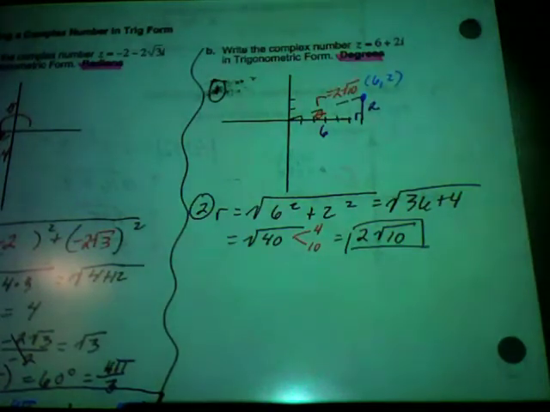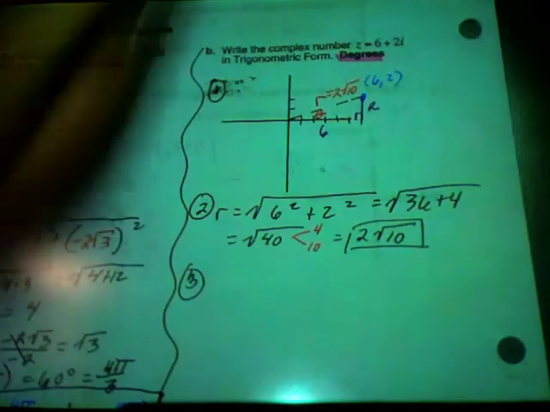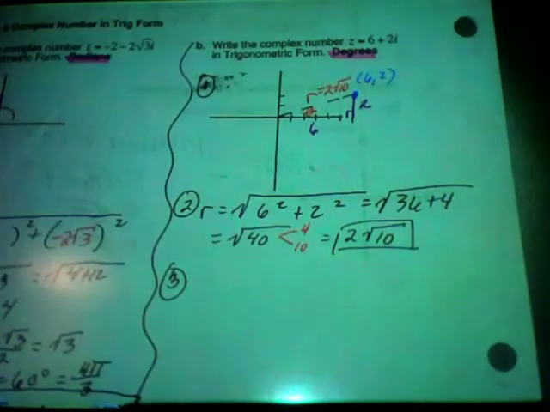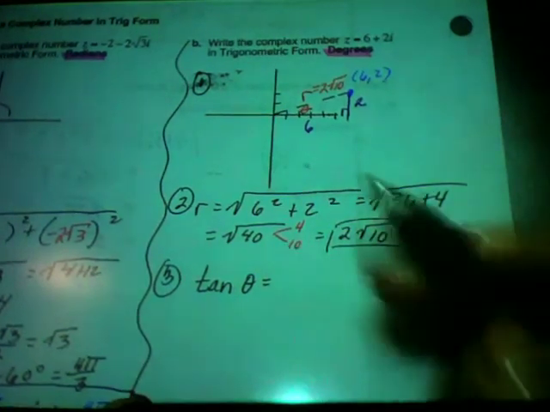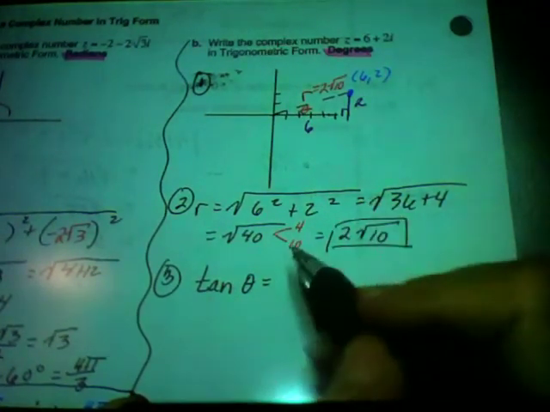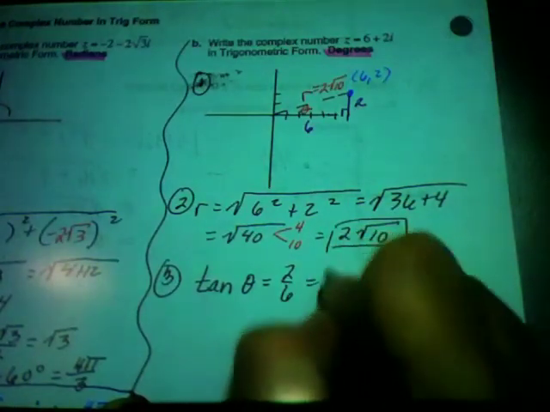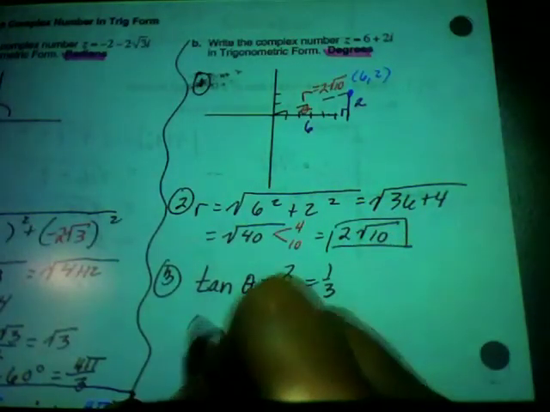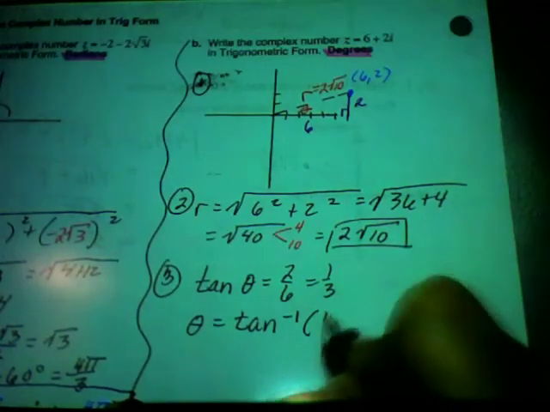What do I do next? Find theta. Using what? Tangent. So we've got tangent of theta is equal to what over what? 2 over 6, which is 1/3. So we're going to put in our calculator theta is equal to the inverse tangent of 1 divided by 3.